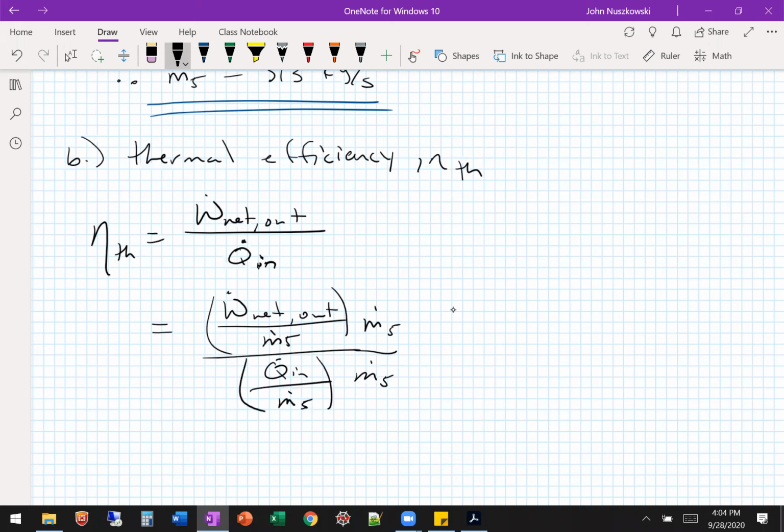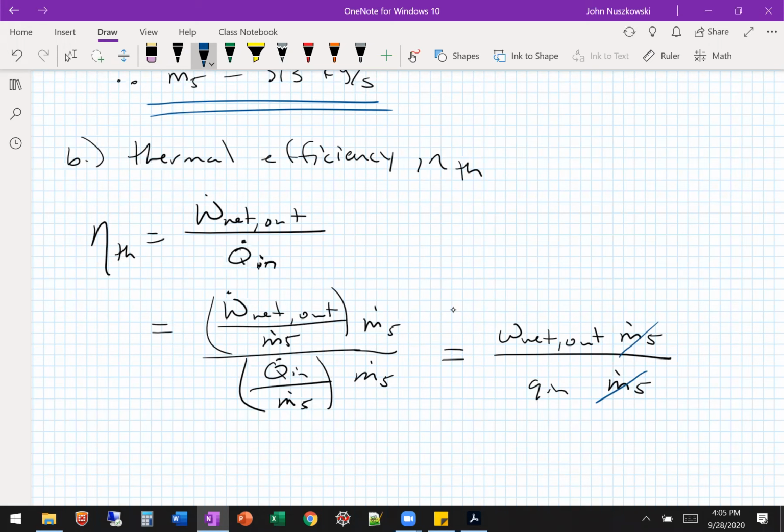All right, so what we see here again is work net out divided by mass flow rate 5 and Q in divided by mass flow rate 5, and that allows us to make this equation equal to the one above it, right? So when we do work net out times mass flow rate 5 and Q in times mass flow rate 5, we can cancel the mass flow rate 5s, because the power net out and the rate of heat transfer are both multiplied by mass flow rate 5.